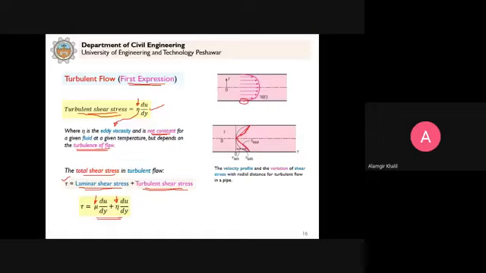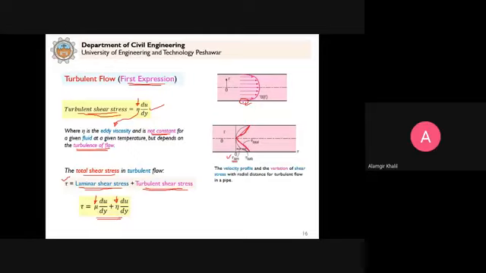But near the pipe wall, a laminar-like condition is created, even though the flow is turbulent. That is known as the viscous sublayer, where viscosity is a dominant factor. And this is how we use the laminar flow equation to determine the shear stress component near the pipe wall. Clear? But remember, it's not a true laminar flow.